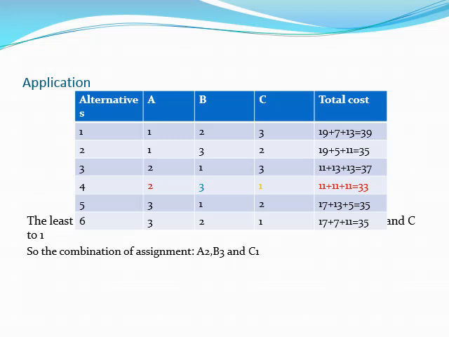This is the application of the enumeration model in its simple way. In reality, it's difficult to implement this model in large businesses, where the alternatives are more than thousands.